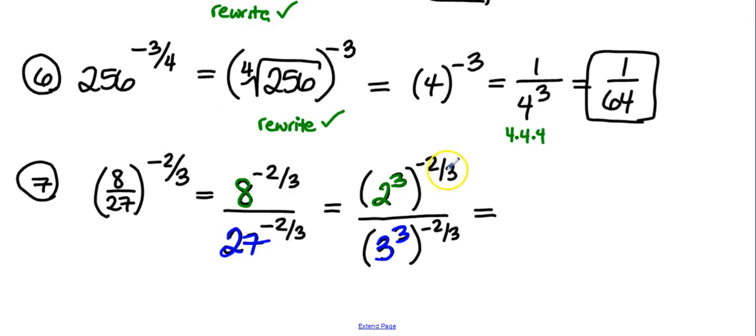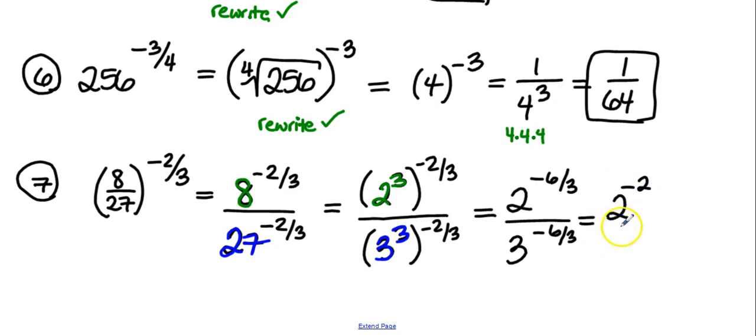Power of a power, we multiply. So 3 times -2/3 is -6/3. And 3 times -2/3 is -6/3. All I did was multiply these powers, here and here. The bases stay the same. This is still base 2. This has a base of 3. -6 divided by 3 is -2, so that's 2 to the -2. Here, that also is to the -2.